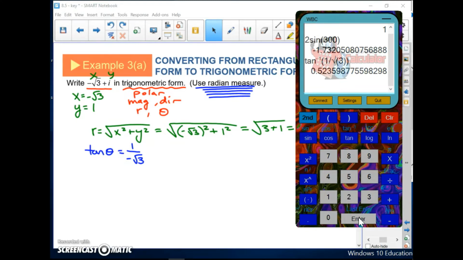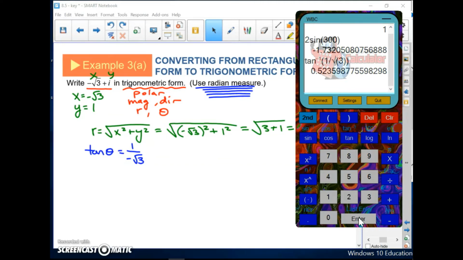But that's kind of hard to read in radians. It would be that number right there, that 0.523, the reference angle, so we still have to think about where that is. But I get the feeling they don't want us to use our calculator here.